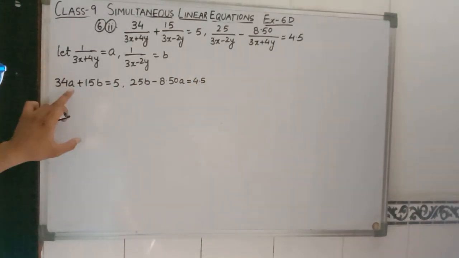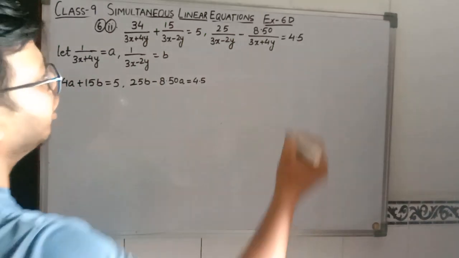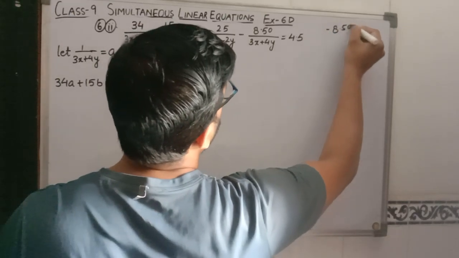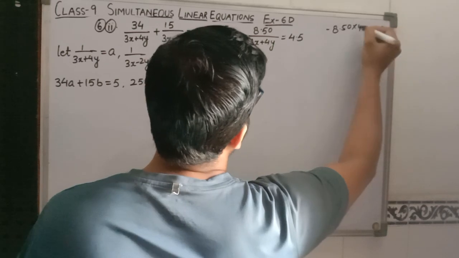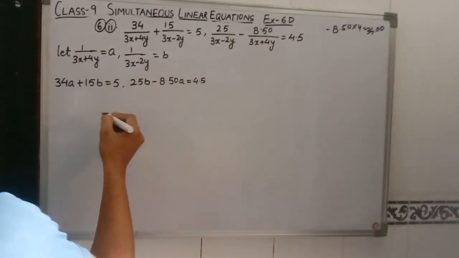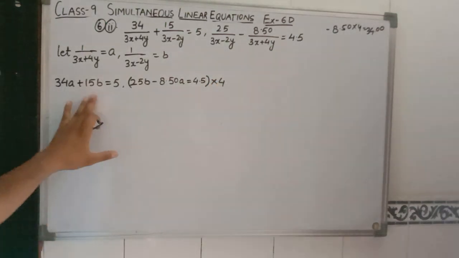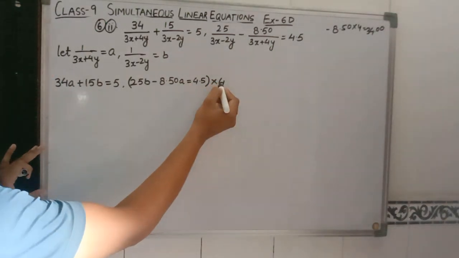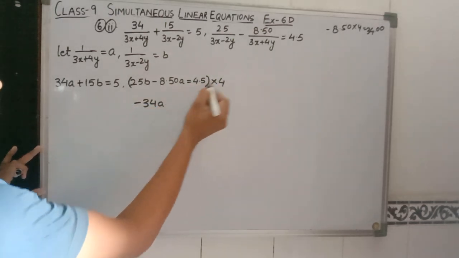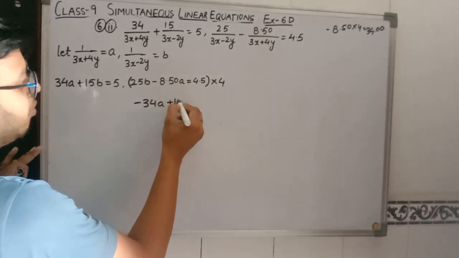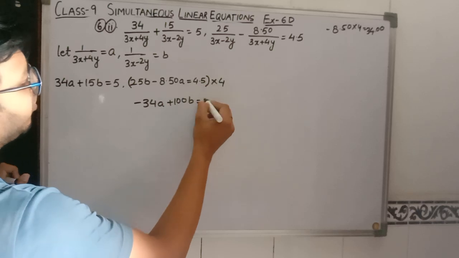So these are the two equations. Now here the coefficient of a is 34. Here the coefficient of a is minus 8.5. So if we multiply 8.50 by 4, the answer will be 34. So we have to multiply the second equation by 4 and we don't need to multiply any number with the first equation. So the second equation will become, when you multiply 4 with this, minus 34a, 4 multiplied with 25b is plus 100b is equal to 4 multiplied by 4.5, which is 18.